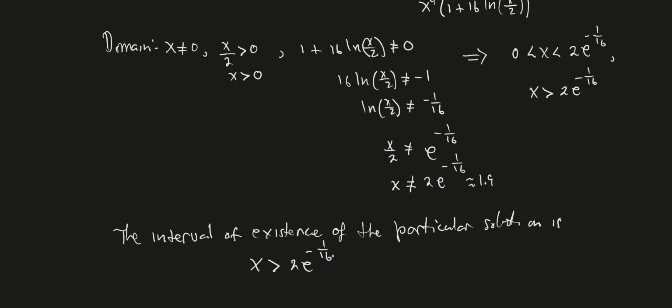Because this is the interval that contains our initial value of x. X equals 2 is in this interval, not in this interval.